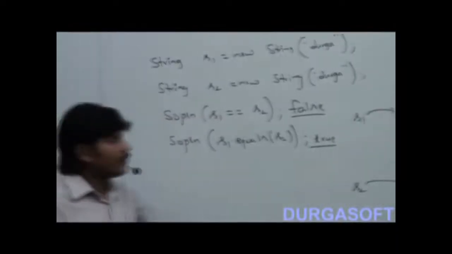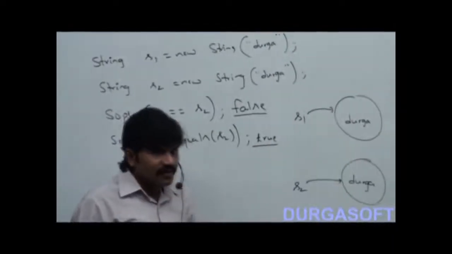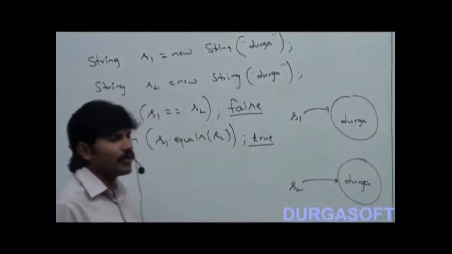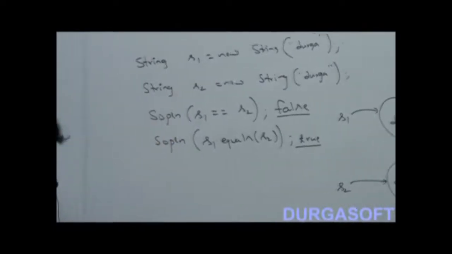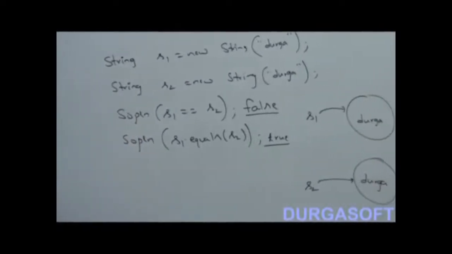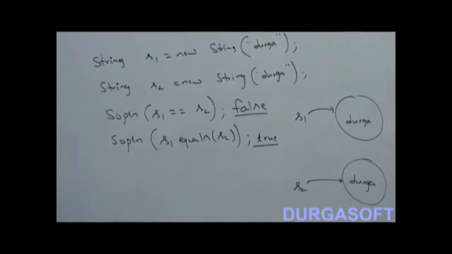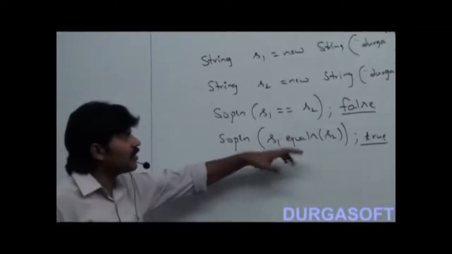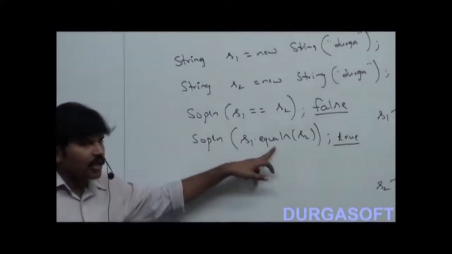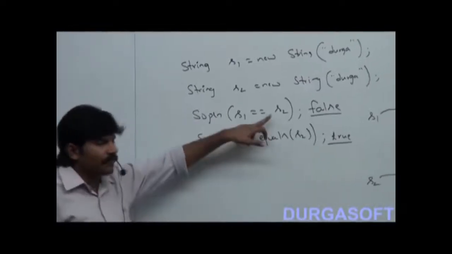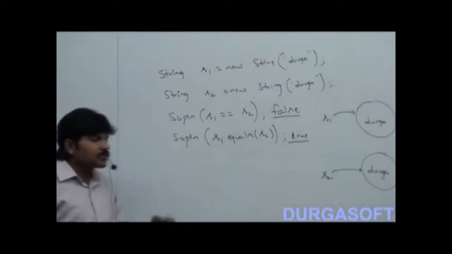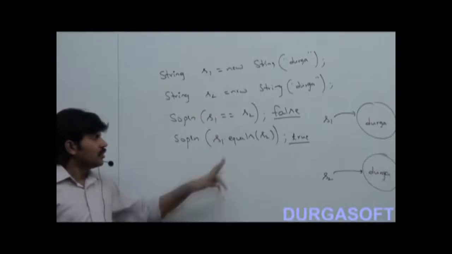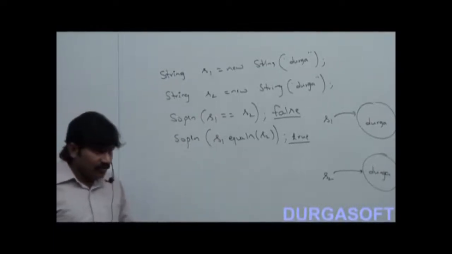Even though objects are different, the content is the same. So I hope with this example you can explain the difference between the double equal operator and the dot equals method. The double equal operator is always meant for reference comparison. The dot equals method in general we use for content comparison, right? Now the terminology is very clear.